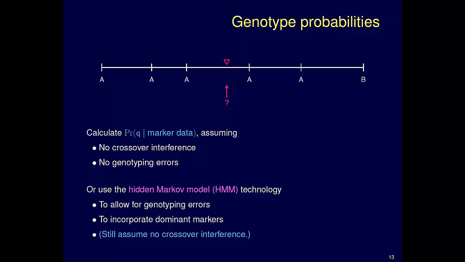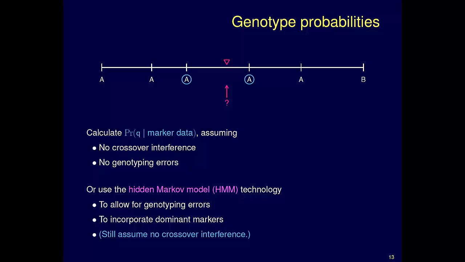Whether there's a crossover in one interval is independent of whether there's a crossover in an adjacent interval. With that assumption, in trying to say what's the chance that that individual has either an A or a B at that location, we just need to look at the 2 nearest flanking markers.